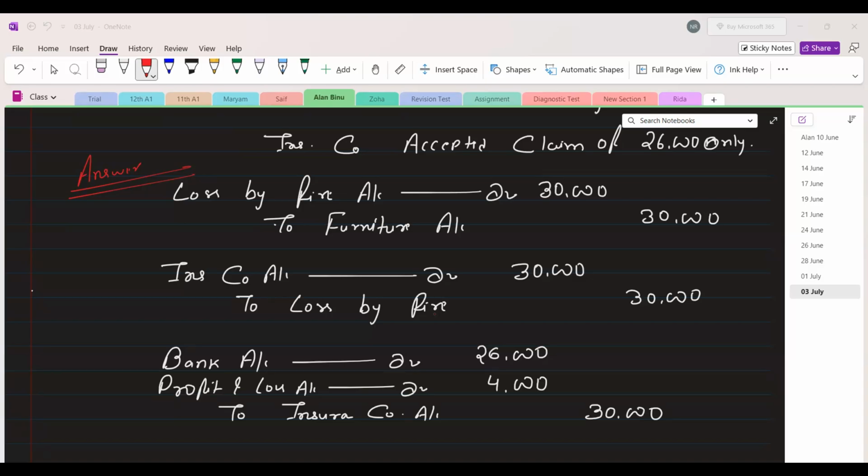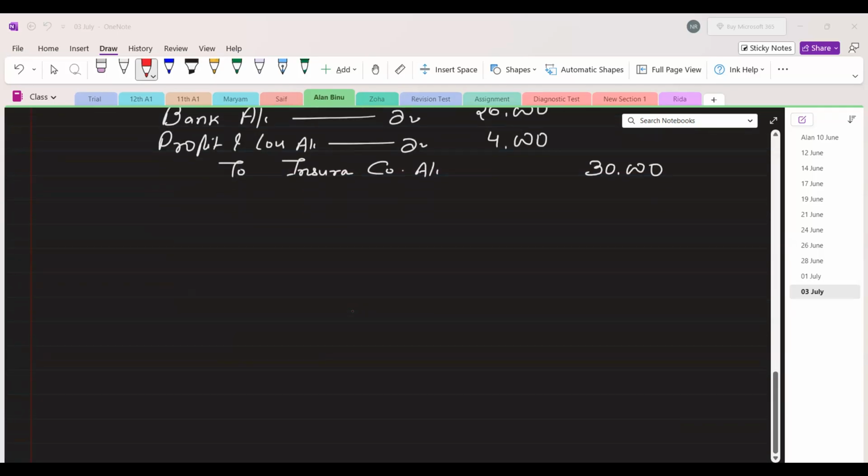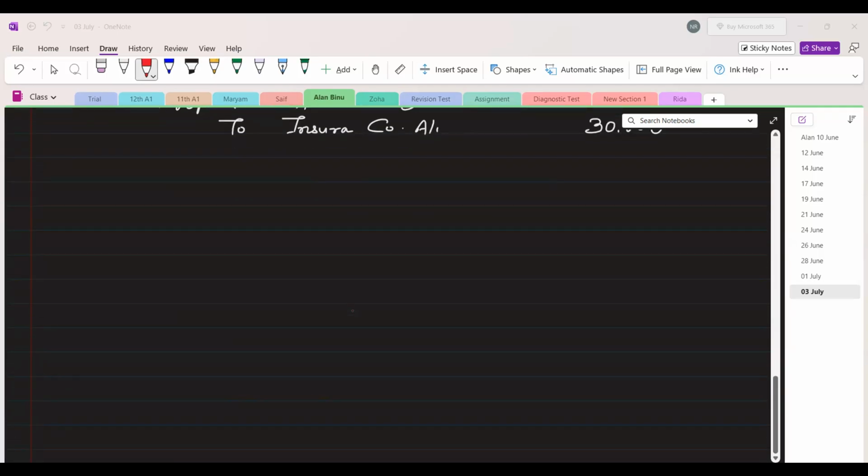You are saying that we should not pass the entry for loss by fire on furniture. Sir, I don't think so, because they are already telling the insurance company accepted a claim of 26,000. What about the furniture destroyed, and the insurance company did not accept it? No, I'm not talking about the insurance company. If furniture is destroyed, how will it be recorded, if insurance is there or not?